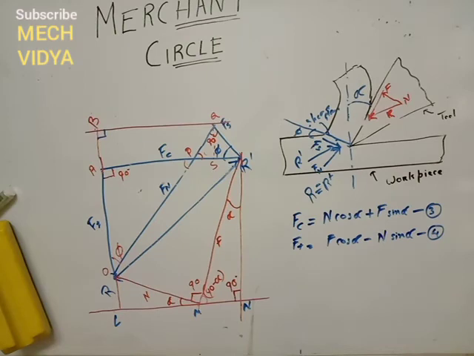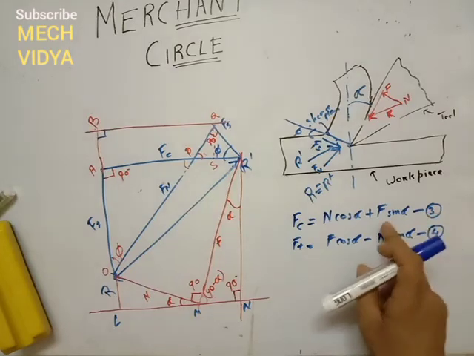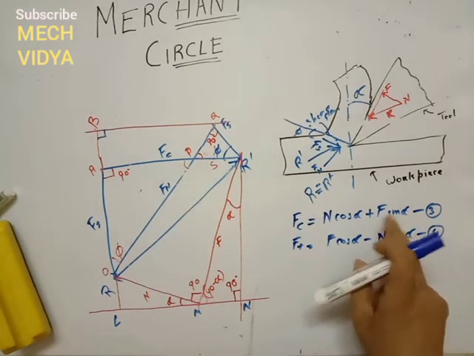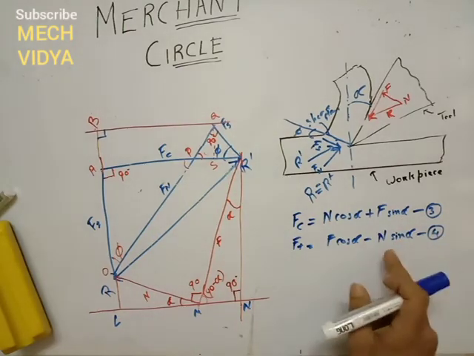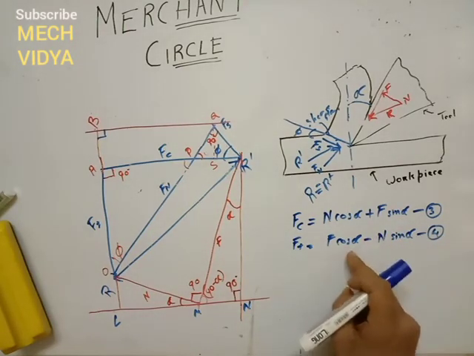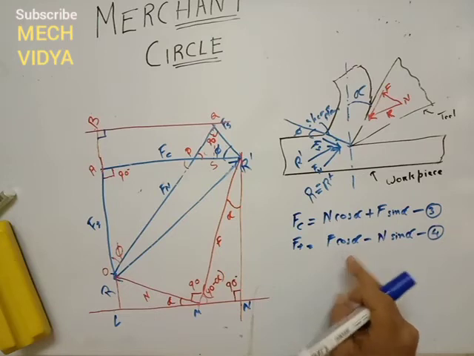So now to find out F, let us first find out F. So how to do this? See, to find out F, first we have to check what is lying along with F in the third equation. It is sine alpha, and in the fourth equation along with F we have cos alpha.